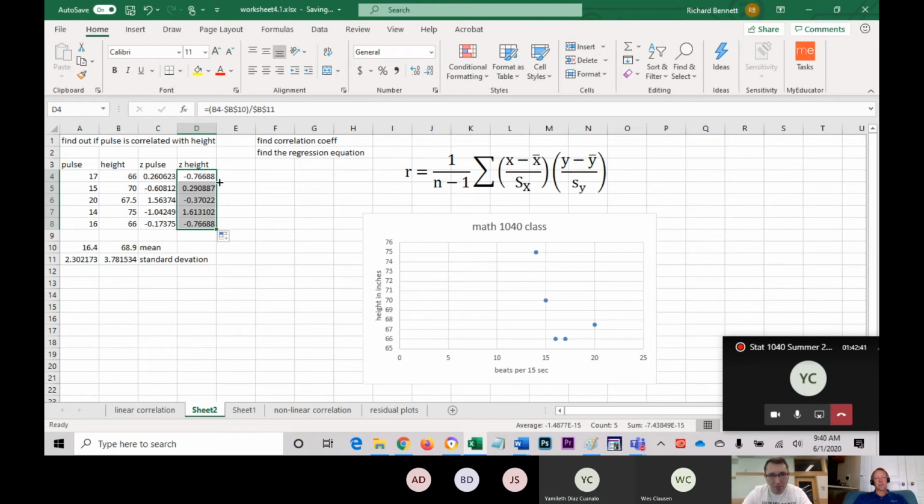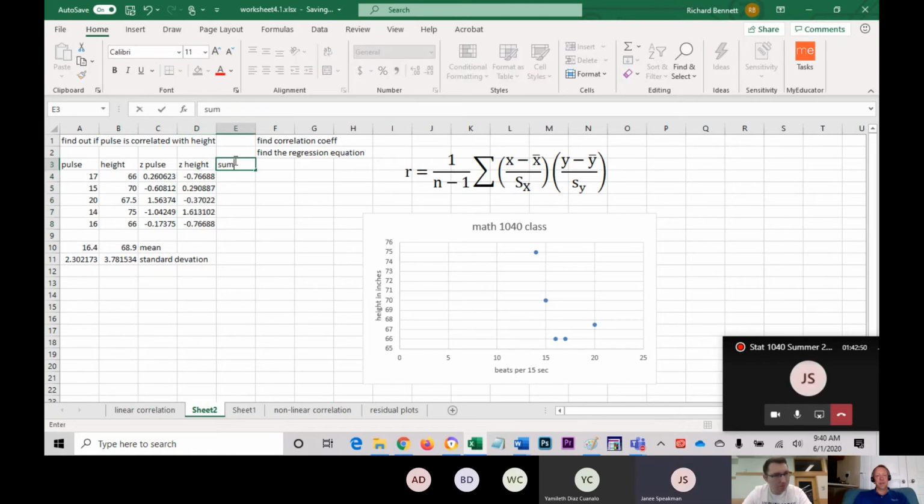What's our next step? Don't we find the sum of all of them? That must be Janie. Janie, you missed a step. Oh, shoot. The sum is the step after that.